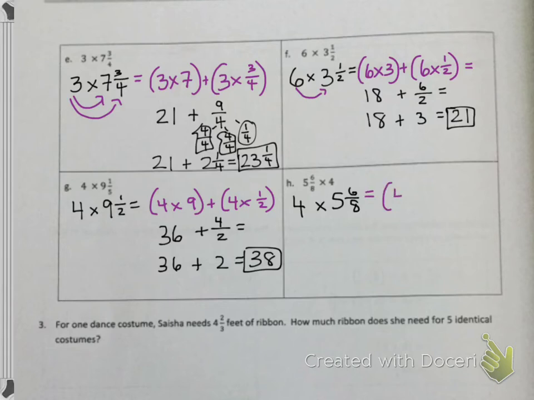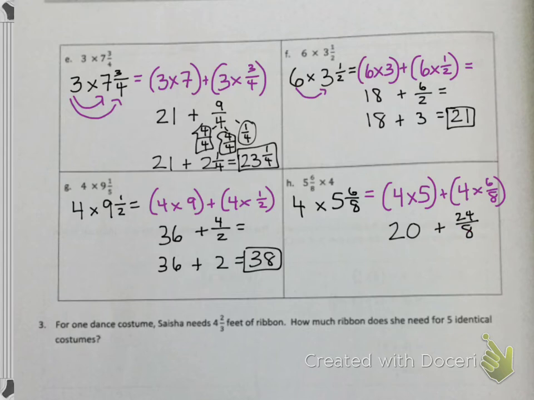So 4 times 5 plus 4 times 6 eighths. We have 4 times 5 is 20 plus 24 eighths.